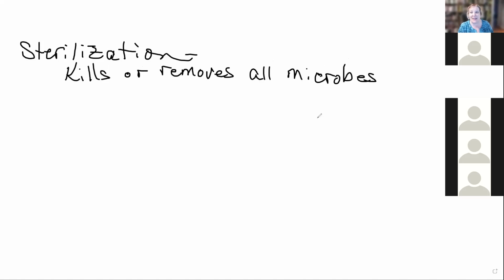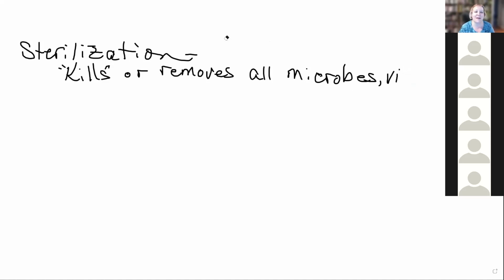So living things that are cellular, but we also want to include what kinds of things that are pathogens that aren't necessarily alive? What are some things that are pathogens that are not alive that we would want to kill or remove as a part of sterilization? Viruses. Viruses, very good.